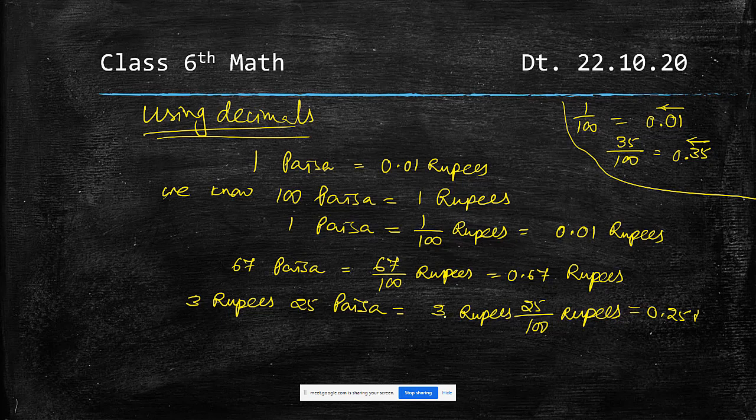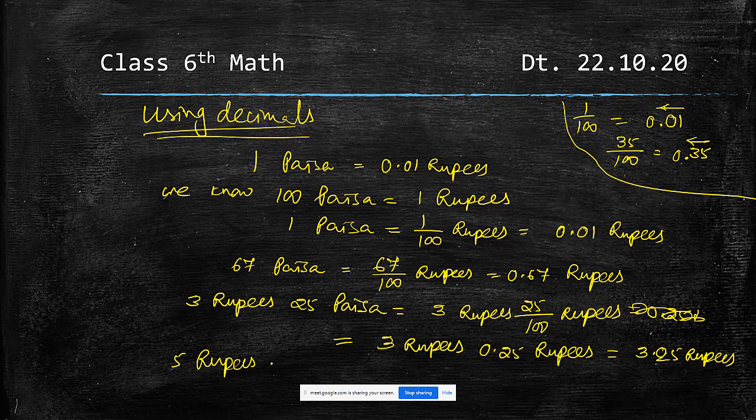Sorry, this one is 3 rupees, this one 25 paisa. So we will write another step, 3 rupees and 0.25 rupees. So it is 3.25 rupees. Okay.